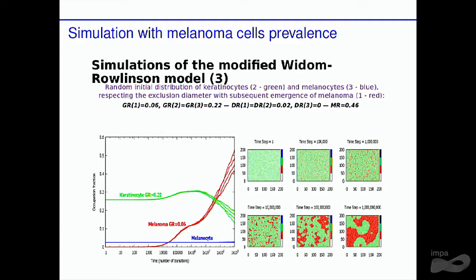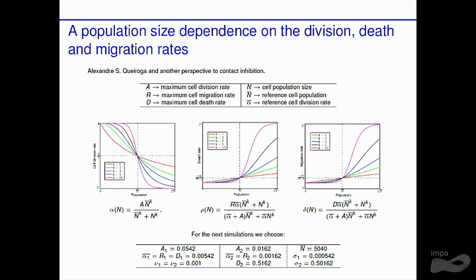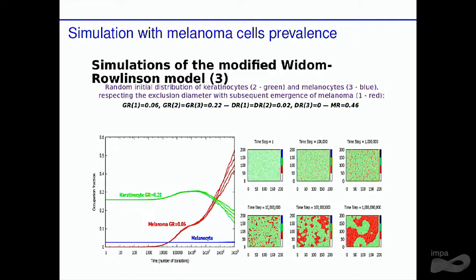The only thing that the melanoma cell has that is different from both melanocyte and keratinocyte is that its exclusion diameter is much smaller. So it seems that having a smaller exclusion diameter is a sufficient condition for a given cell population to prevail within a given spatial domain.